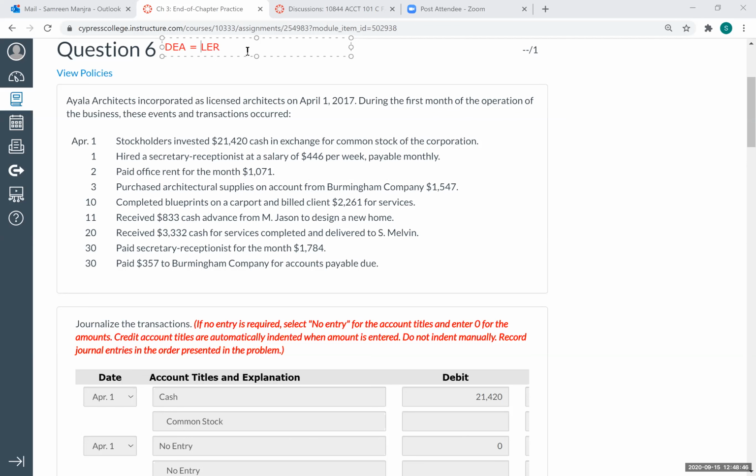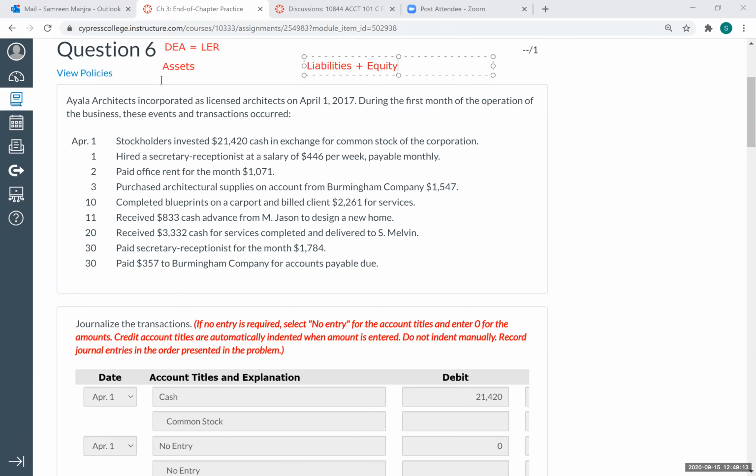And what this means is we think about our basic accounting equation and we think about ways that we can remember these rules. So in our basic accounting equation, our assets equal our liabilities plus equity. Our assets are on one side of the accounting equation and our liabilities and our equity are on the other side.